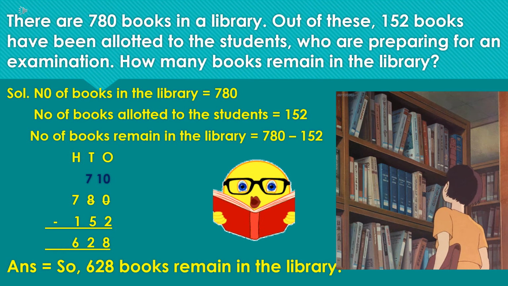After subtracting 780 and 152, the answer we have got is 628. So finally, we will write our answer in a simple language. 628 books remain in the library. So isn't it easy, children, to solve a word problem?